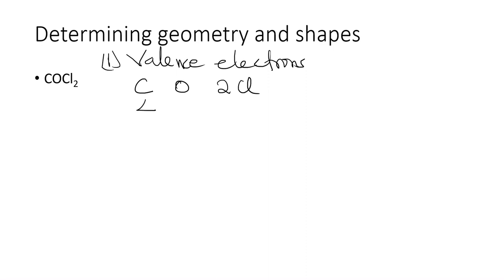Carbon has 4 valence electrons, oxygen has 6 valence electrons, each chlorine has 7 valence electrons. Now if we add them, 4 plus 6 plus 14.